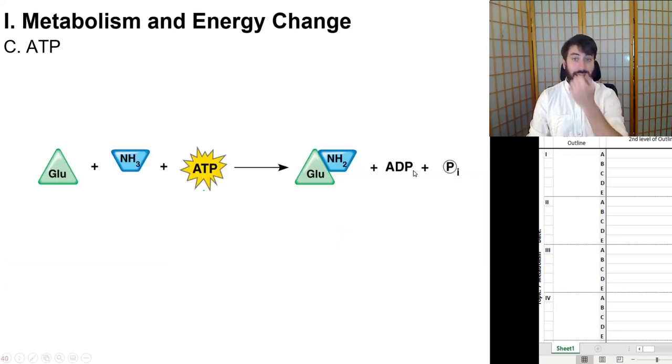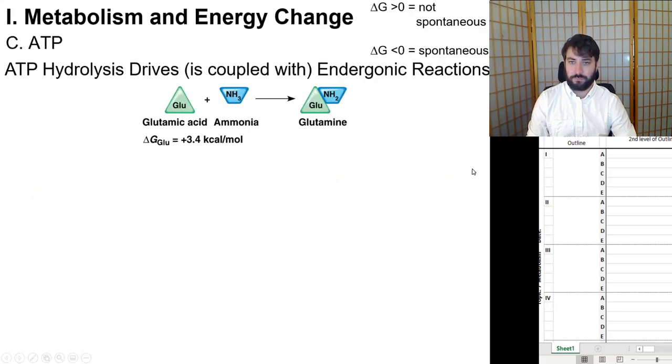To see how ATP functions, let's use the example of combining glutamic acid and ammonia to form glutamine, as well as some leftover ADP and inorganic phosphate, of course. So combining glutamic acid and ammonia by themselves to create glutamine is endergonic, which means it has a positive delta G. As such, this reaction won't really happen by itself.